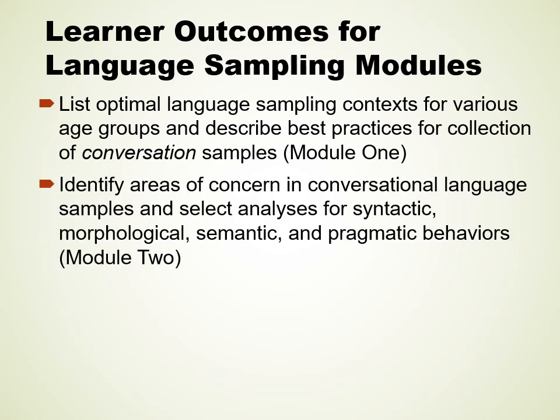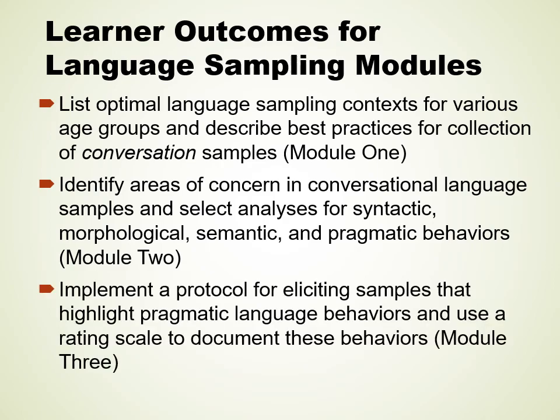In Module 2, you'll be able to identify areas of concern in conversational language samples and how to select analyses for syntactic, morphological, semantic, and pragmatic behaviors. Finally, in Module 3, you'll learn how to implement a protocol for eliciting samples that highlight pragmatic language behaviors and how to use a rating scale to document these behaviors.